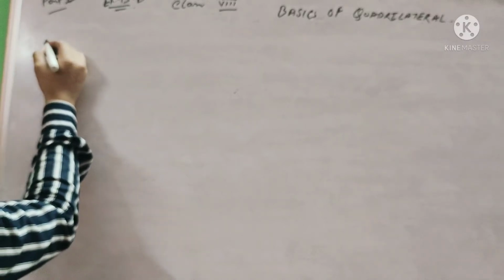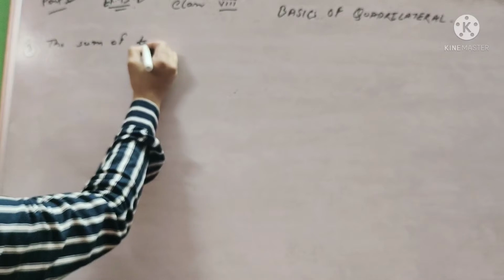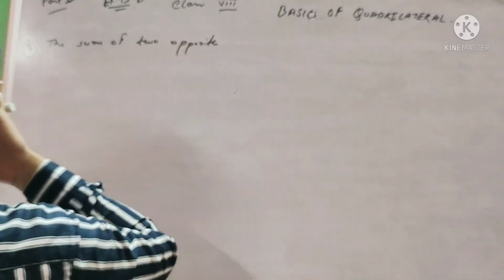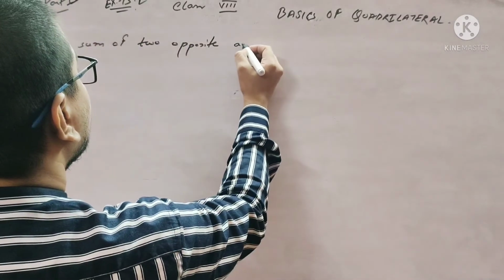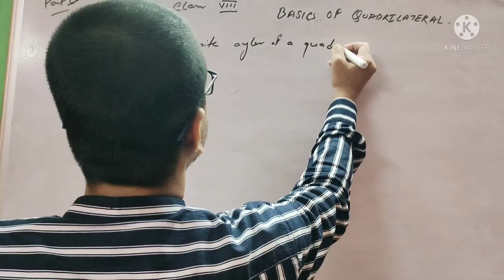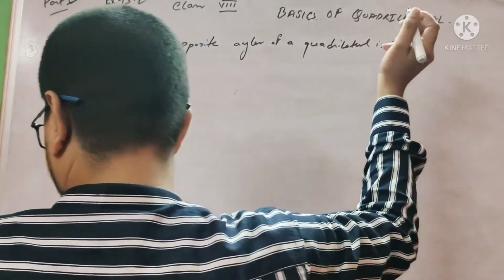Okay, question number 3. The sum of two opposite angles of a quadrilateral is 280.